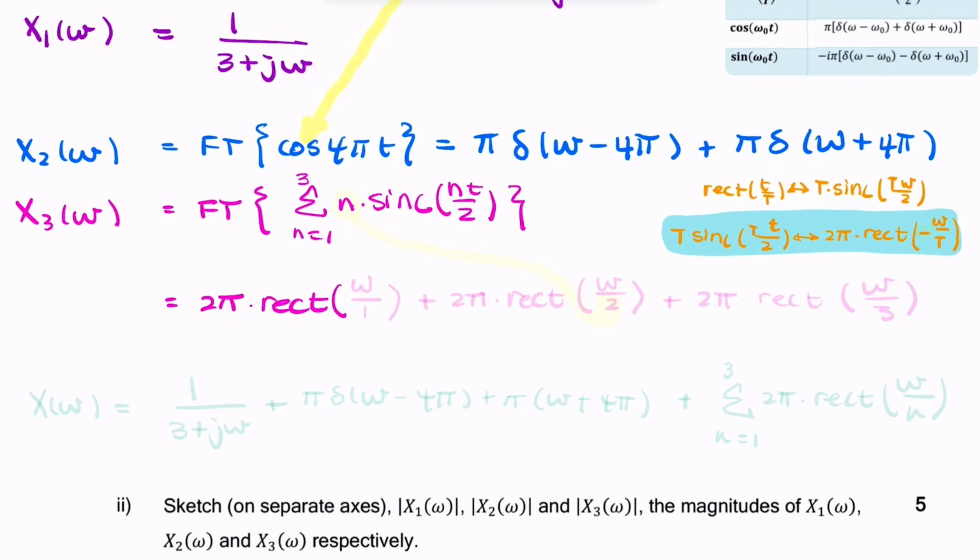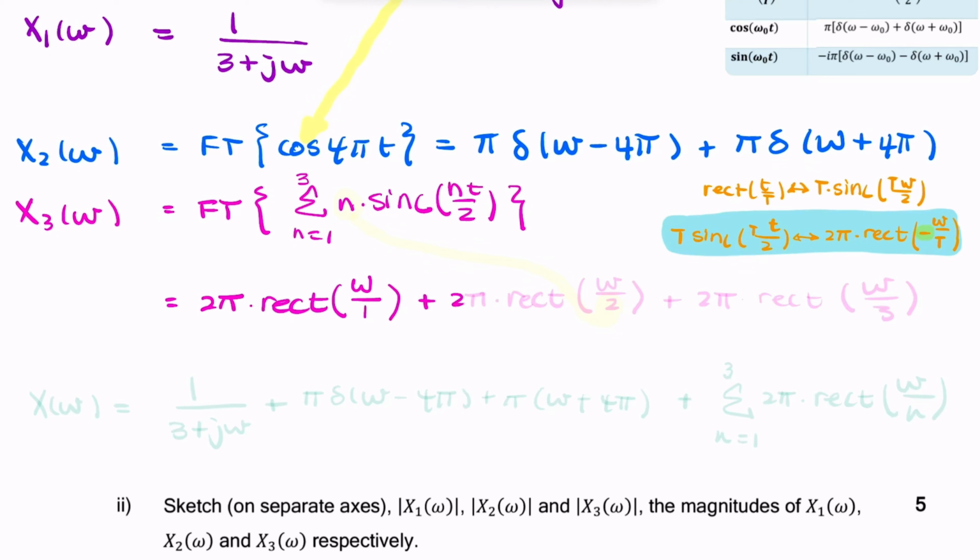The negative is unnecessary because it's an even function, so it's omega over t. T in this case is the coefficient of the sinc function, and that's going to be 1. So that's our first rectangular function.